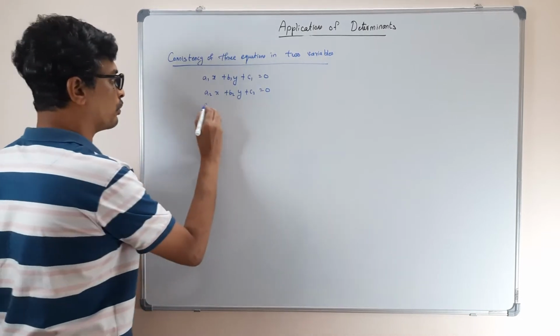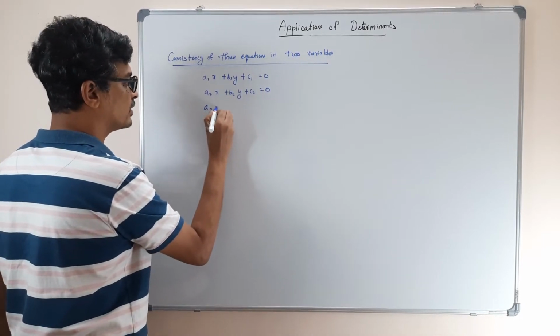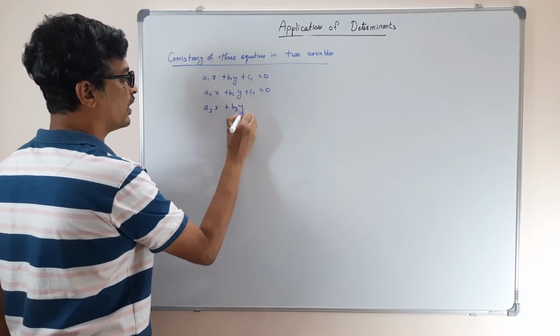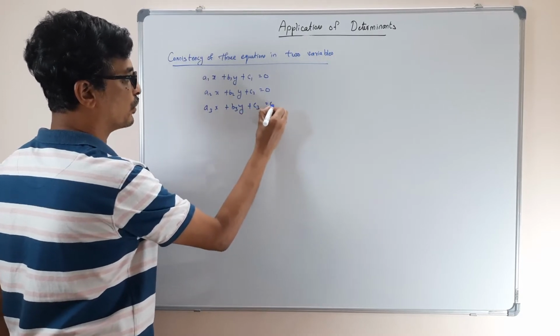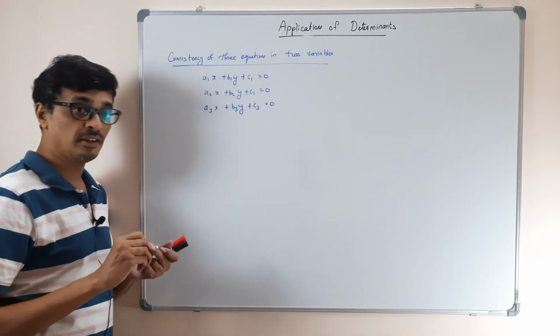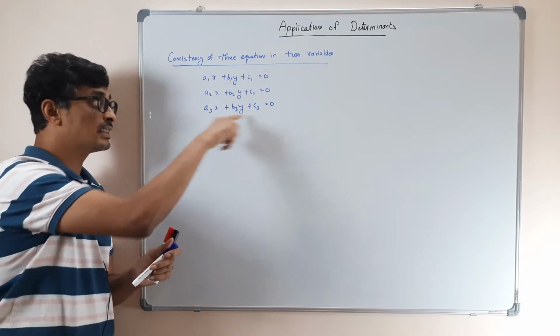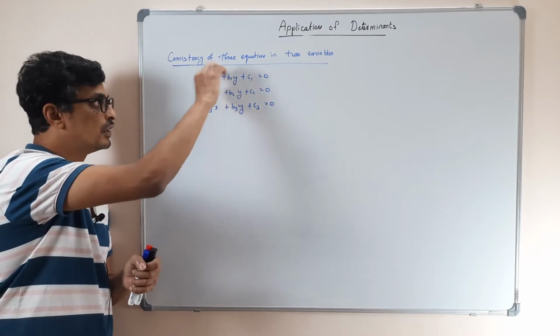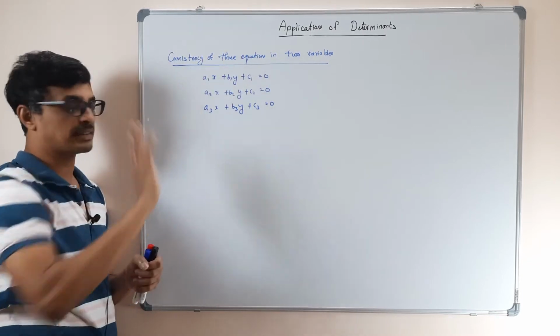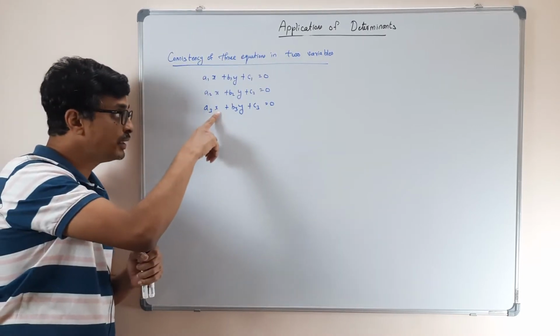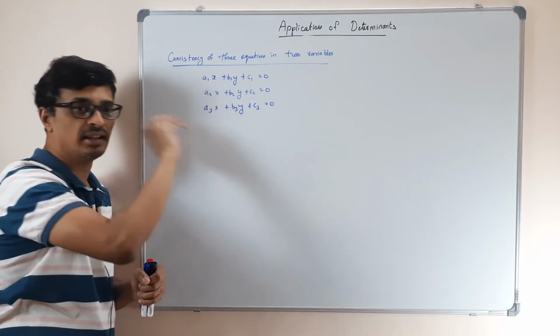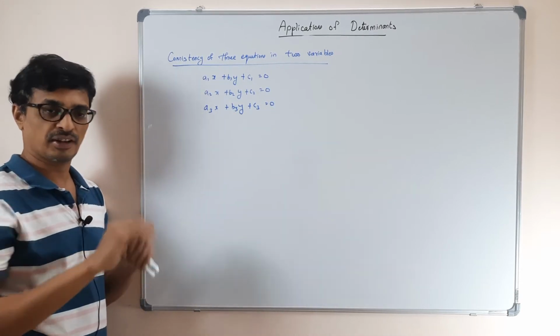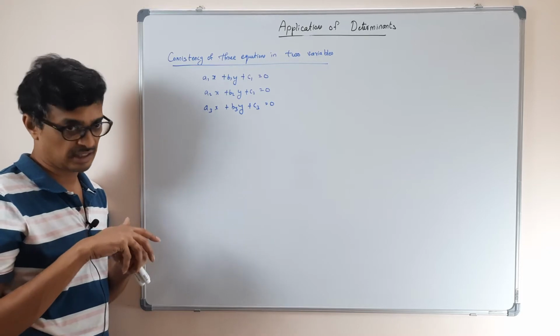I am giving you one more equation, A3x plus B3y plus C3 is equal to 0. And now I am asking whether this equation is consistent with the other 2 equations. What I mean is, you solve these 2 equations, get some x and y. If you substitute this x and y, will this equation be satisfied? If it is satisfied, then we call the equations consistent.